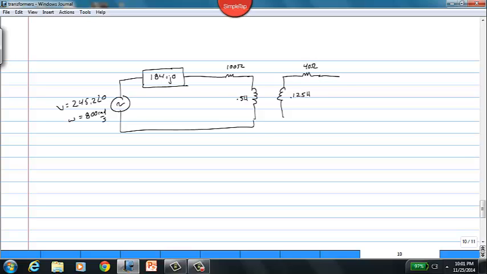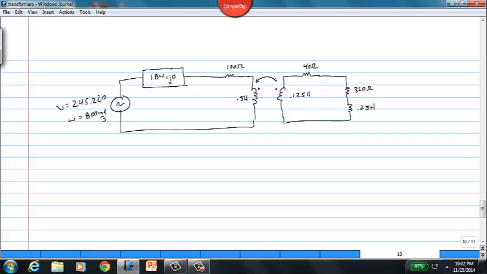And this transformer is going to feed a load that is a resistor in series with an inductor. That's 360 ohms in series with this inductor, as we said, that inductor having a value of 0.25 henries. We're going to have a dot here and here.